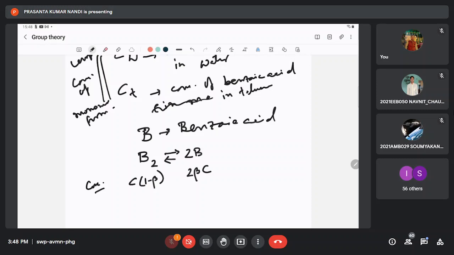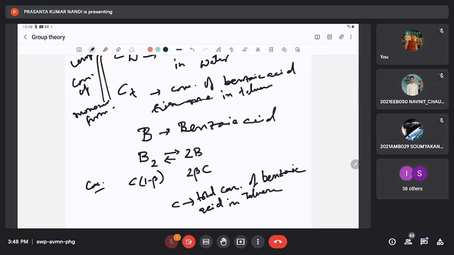Why? See, the total concentration of acid in the benzene layer. What is C? C is the total concentration of benzoic acid in benzene.